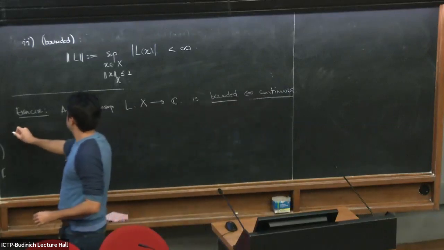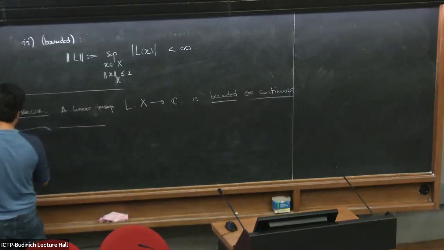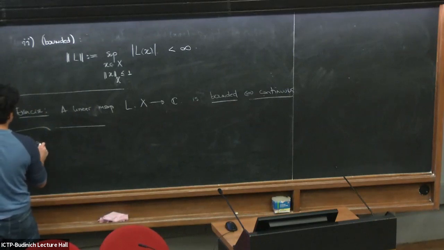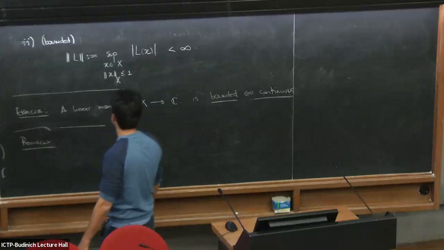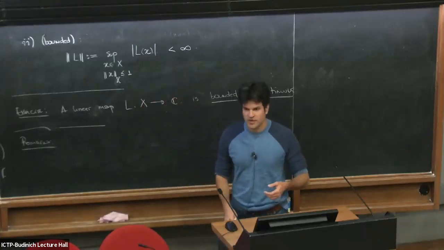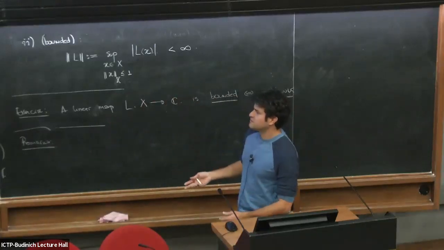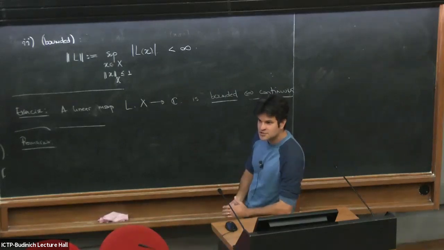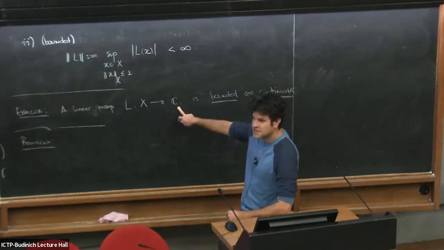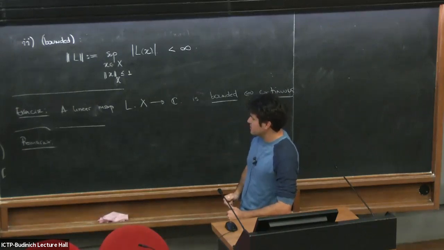Another remark about this definition: in books you'll see bounded linear functionals or continuous linear functionals. That's just the same. These are the linear maps from X to the field of scalars that are continuous.